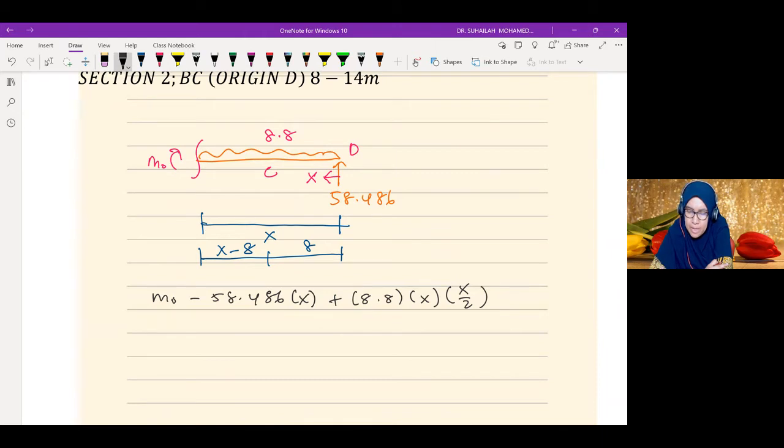It is 8.8, so we don't need to have this. So it is 8.8 times X for P, and for length it is X divided by 2. So this is equal to 0.